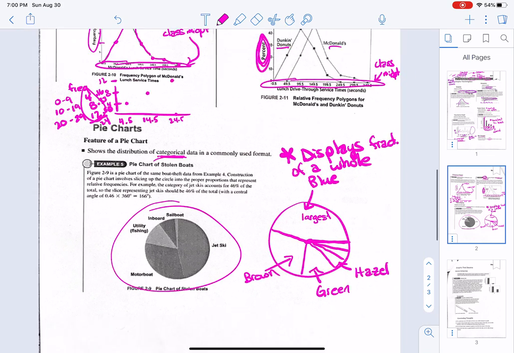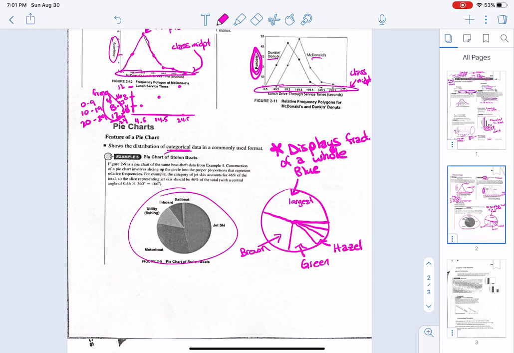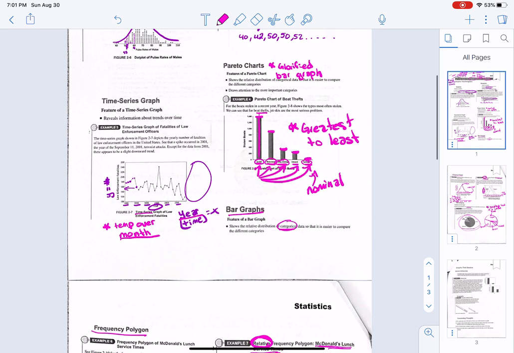Now, you will not be able to graph the same data on every single graph. For example, you would not be able to use the sailboat jet ski data to make a time series graph, right? Because there's no time involved with the sailboats unless you had access to the months that boats were stolen, and maybe you could see that more boats were stolen in the summer months than any of the other months.